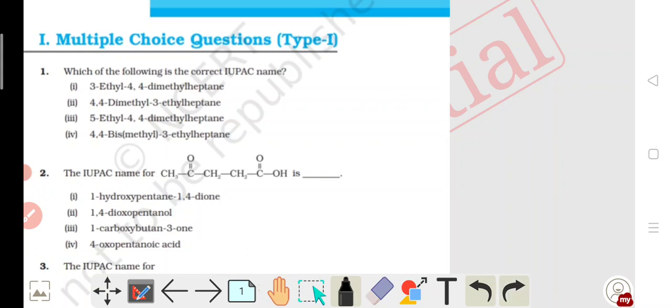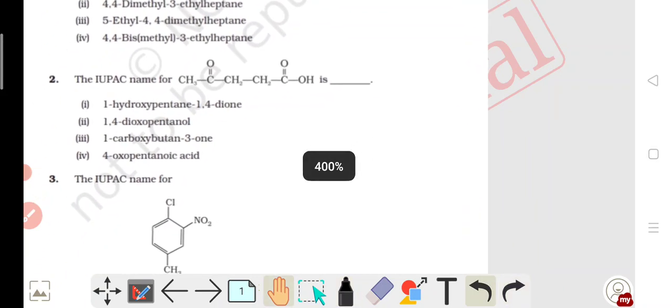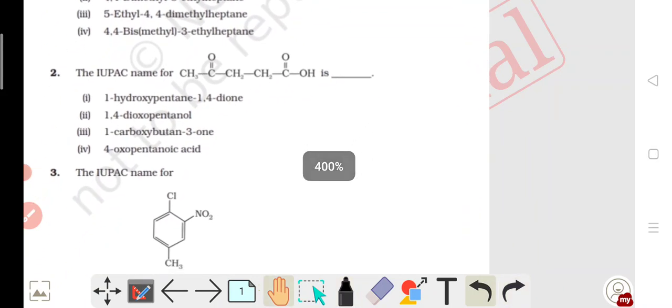Then comes question number 2. The IUPAC name of this compound here is based on the priority of the functional group. As you know that the carboxylic acid is the first priority as compared to ketone. So I start the numbering from 1 here, 2, 3, 4, 5.